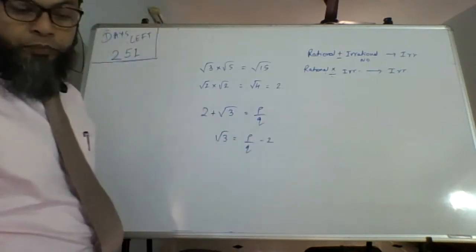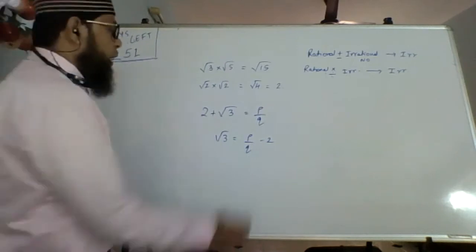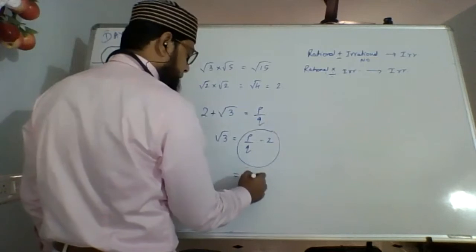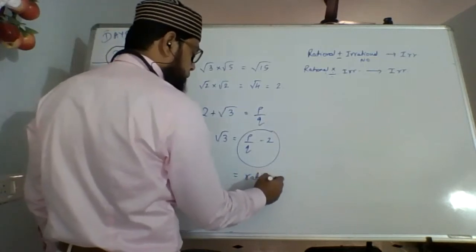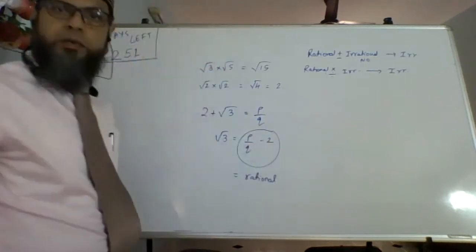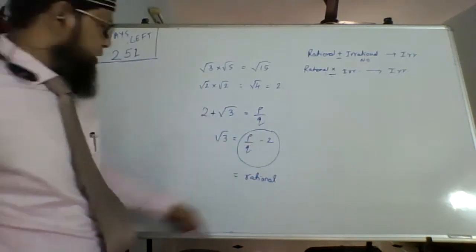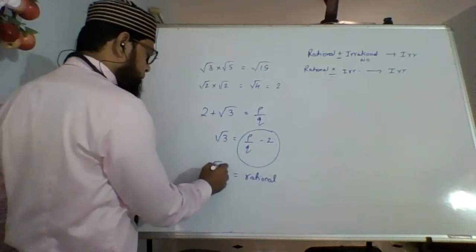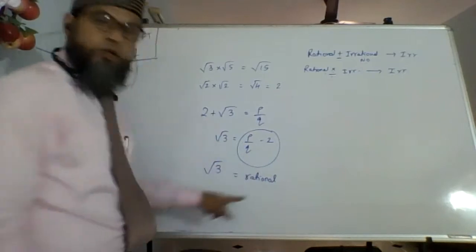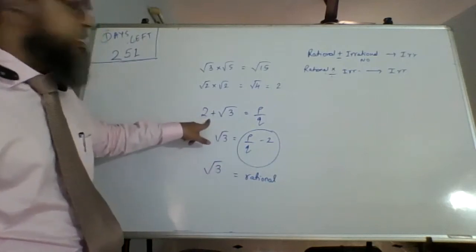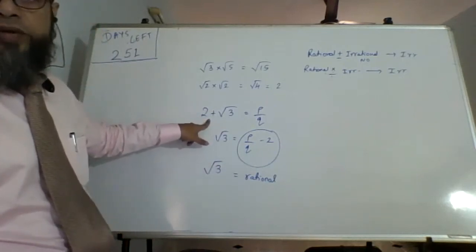Now, subtraction of two rational numbers will be rational. P upon Q is some rational number, and from that, if you subtract 2, you are going to get a rational number. But root 3 is irrational. So how can root 3 be equal to some rational number? That is not going to be possible. So therefore, this is irrational. That is how we will do it.